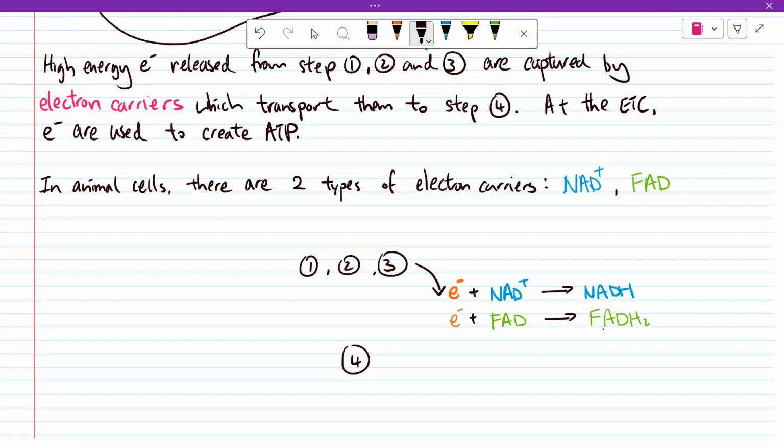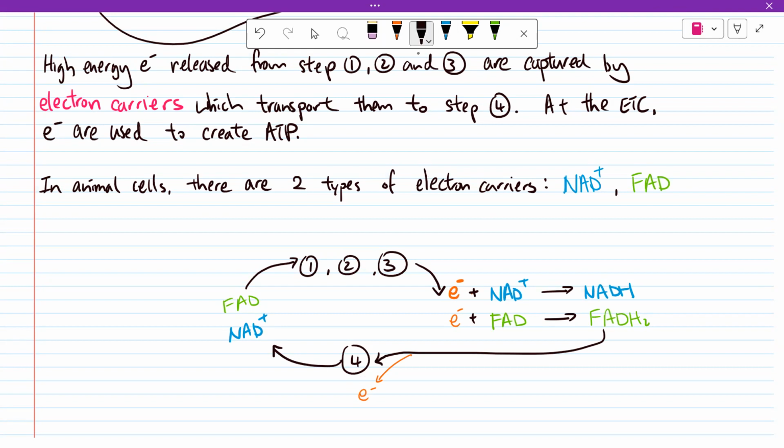Then these will take the electron to step 4, and the electron will get off. In the process, you're going to have NAD plus again and FAD, and then they go back to the first 3 steps, and this repeats.